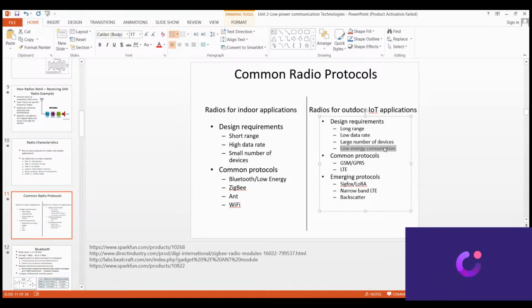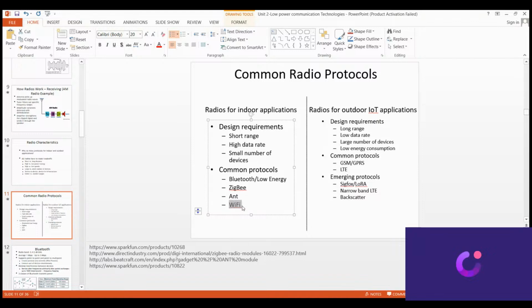So these do not require high level energy consumption, but low level energy consumption. Common radio protocols for indoor application: we have Bluetooth low energy, then the Zigbee technology, ANT, as well as Wi-Fi.